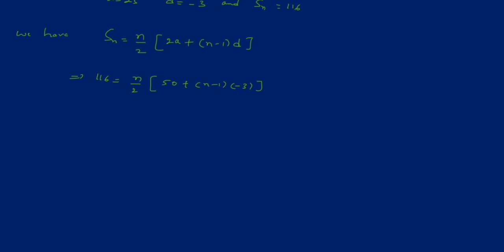You can take this 2 to the LHS, then what we get here, 232, that is 116 into 2 is 232, equals n into 50, if you multiply minus 3 to n minus 1, we get minus 3n plus 3, right? Minus into minus is plus, 3 ones are 3, right?